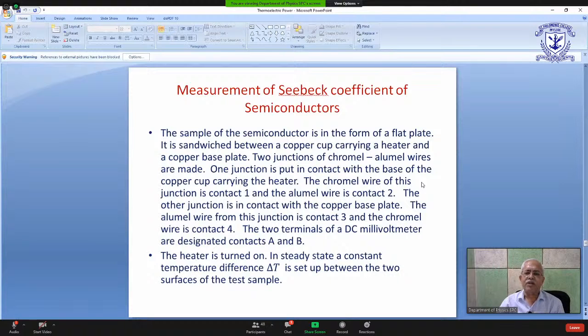I hope you understand what I'm trying to say. The heater is turned on, and in a steady state, there is a steady temperature difference delta T between the upper surface of the semiconductor sample and the lower surface, because the upper end is heated by the heater and the lower end is not heated, so it is at the lower temperature.